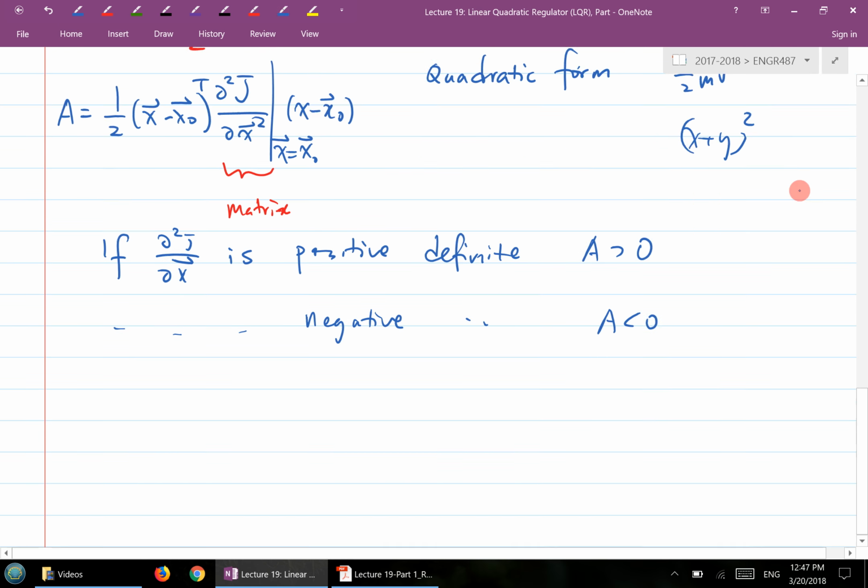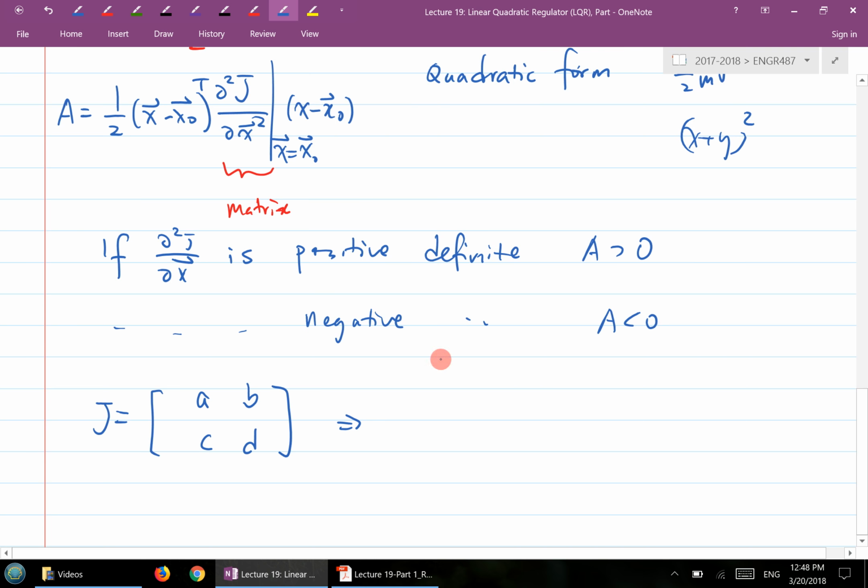So I'll give you one simple example. Let's say I have a matrix G equal to A, B, C, D. That's a matrix of 2 by 2. What does a positive definite or negative definite matrix mean?